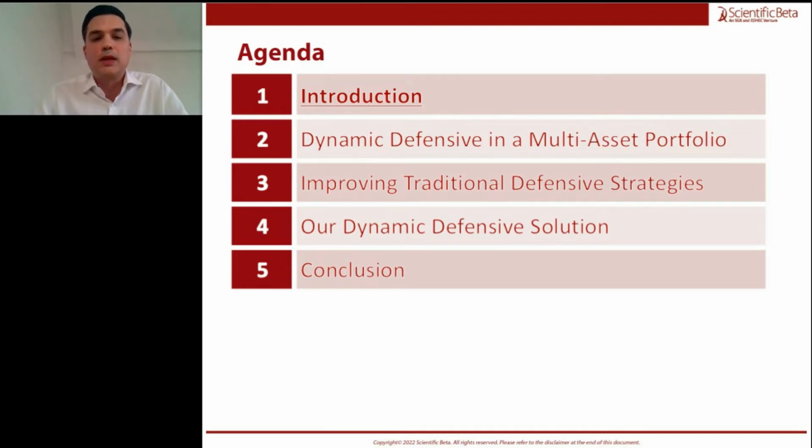We will see that a higher allocation can be achieved with the same level of risk, and you will get a lot of downside risk and return benefits. Then, in the third section, we will see how our index, our dynamic defensive index, is improving upon some drawbacks that traditional defensive strategies face. We will move on to show you some important results of the behavior of our dynamic defensive solution, and then we will conclude.